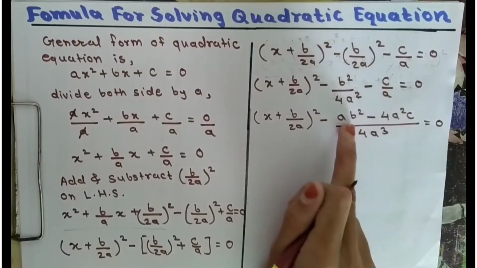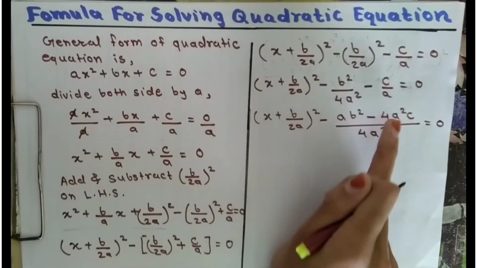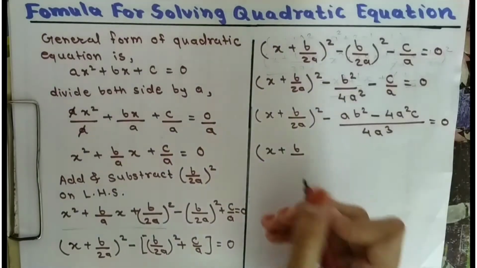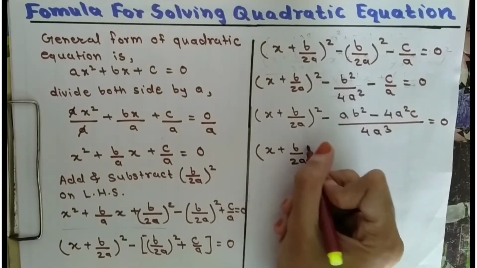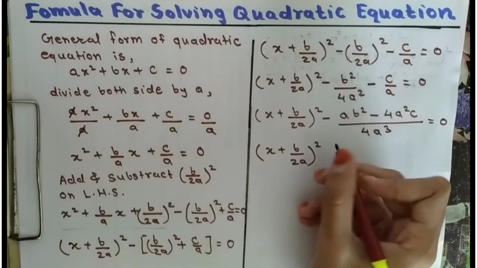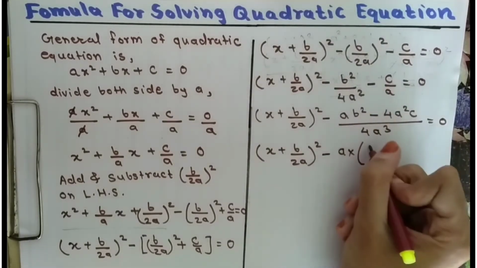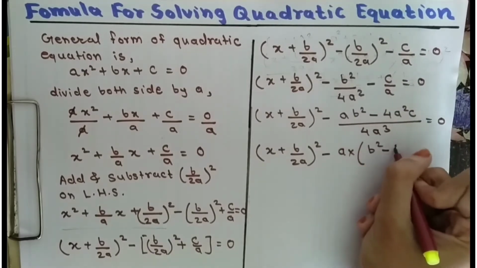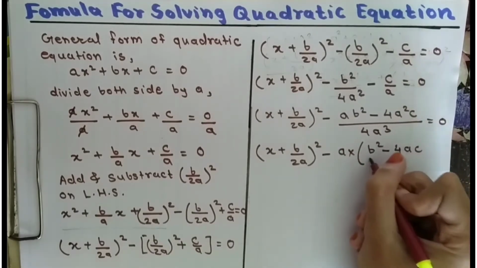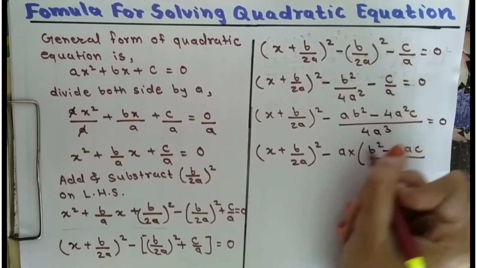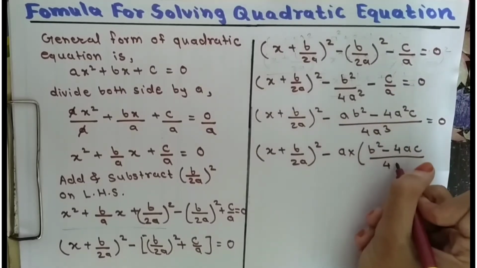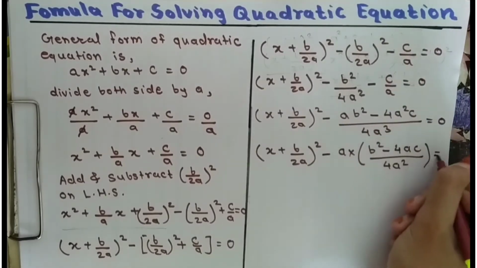Now what is common here? a is common. Here is a, here is a. So take a common. What remains now? b square minus 4ac upon 1, taking a common. So here 4a square is equal to 0.